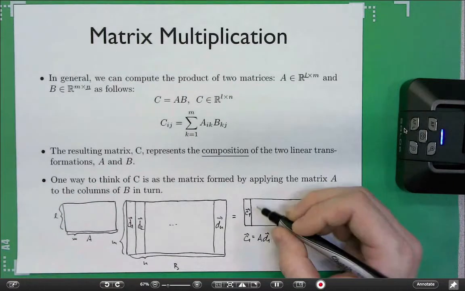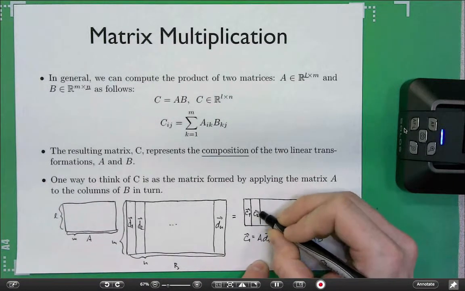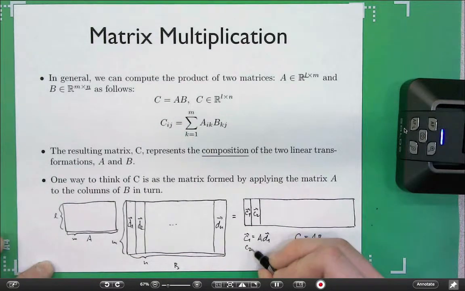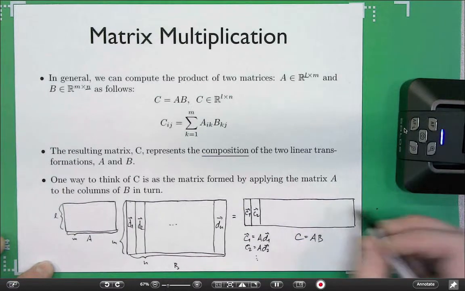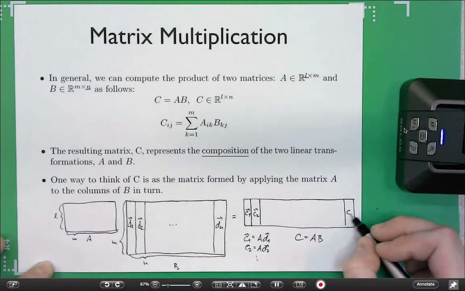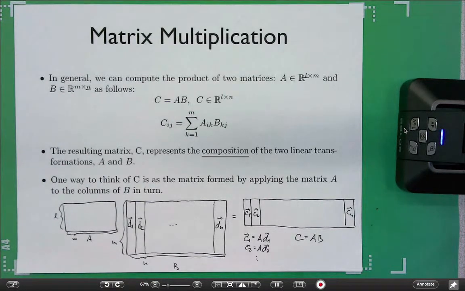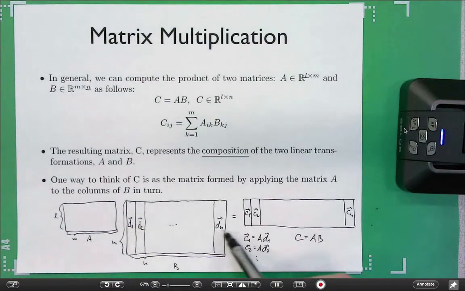Then the C2, well, guess what it's going to be? It's A D2, right? And so on, up to my Cn. So that's what's written here. It's the matrix formed by applying A to all of the columns of B, my vectors D1, D2, and so on to Dn.